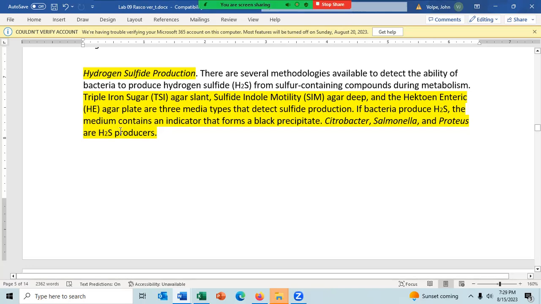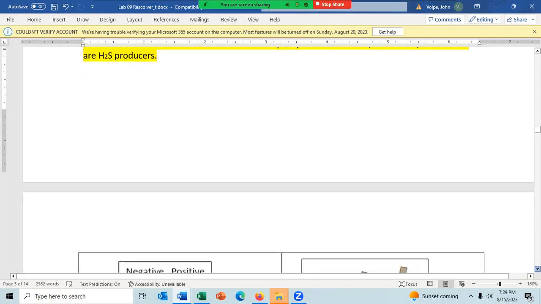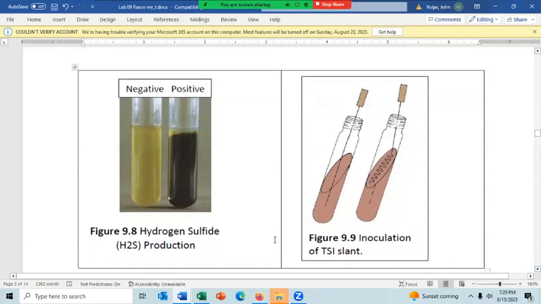Some bacteria that form hydrogen sulfide and produce the black precipitate include Citrobacter, Salmonella, and Proteus. Those are genera. So there's a black precipitate, and there is a negative hydrogen sulfide example.